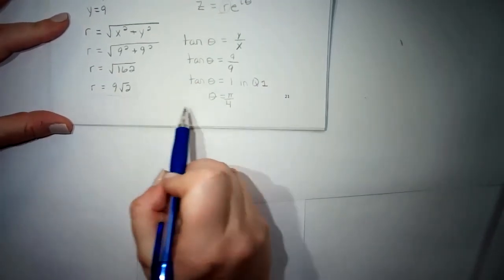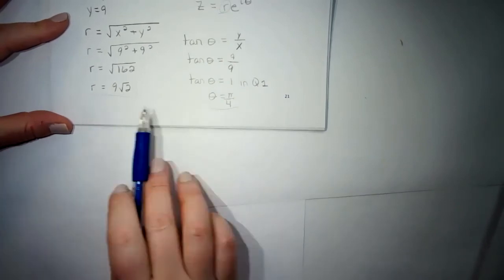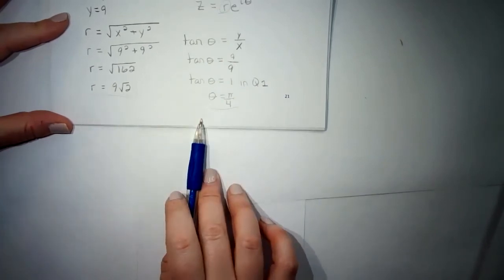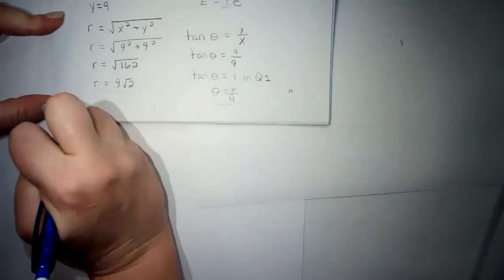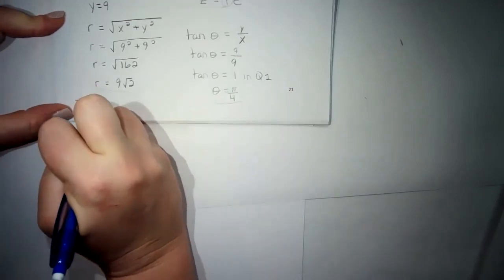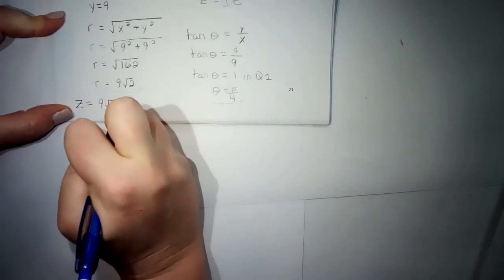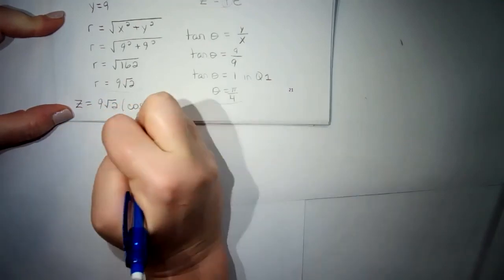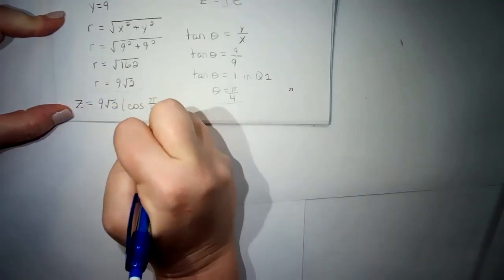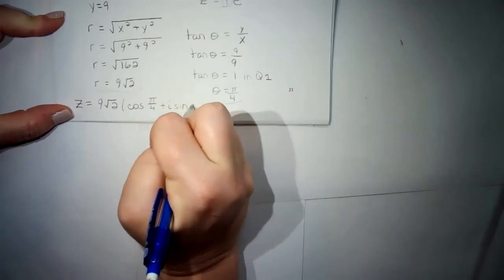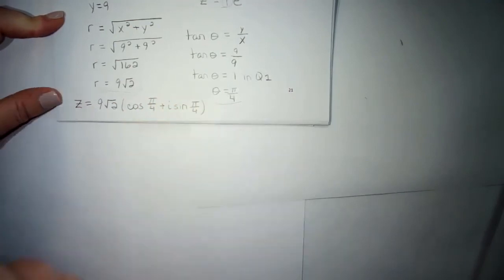Okay. Is everybody comfortable with getting these two values here, this and this? Now all you have to do is put them right in. You did the hard part. Now you're just going to put them in your formulas. So for my polar form, I'm going to have 9 root 2 times cosine of pi over 4 plus i sine of pi over 4.